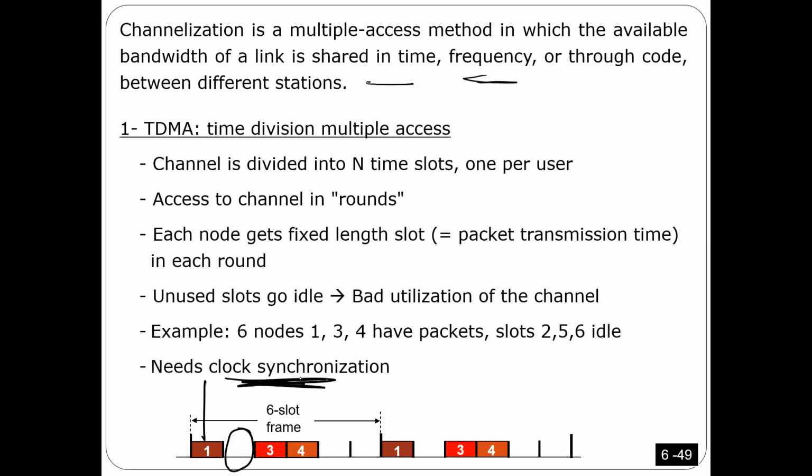Here you can say the transmission is equal. Everybody has a share. But in case of token, if one computer has too much data to transmit, and the other computers don't have data to transmit, this computer is gonna use the channel more than others. But here, no one can use the channel more than others, because you already have a time slot reserved for you.